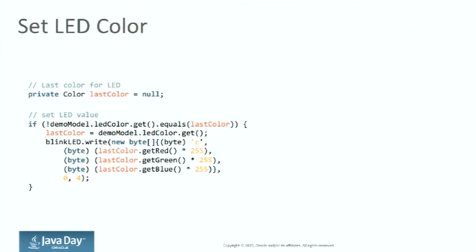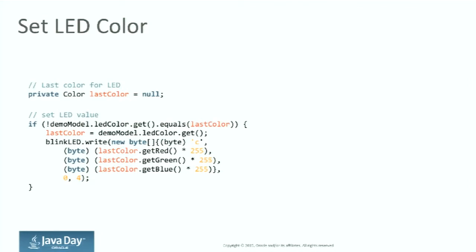And then the final one is, how do I go the other way? The first 2 have been reading things, and this time we're going to write to the I2C bus and send out information to the real world. Here I want to take the color value that's in my color property and set that to the color of the LED. Now the LED is interesting in that it uses a slightly different I2C approach. Rather than reading or writing bytes to known addresses, you send messages.